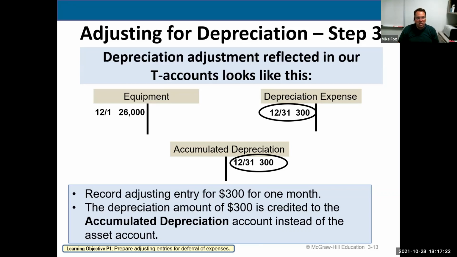The accumulated depreciation account is a special account that's linked to the actual asset account, and it's what's called a contra asset. That's an asset that has a normal balance on the credit side, the opposite side that an asset normally would. And when we're figuring out the value of the asset, they call it the book value of the asset. It would be the asset's cost, so like this 26,000, less any accumulated depreciation on the asset.